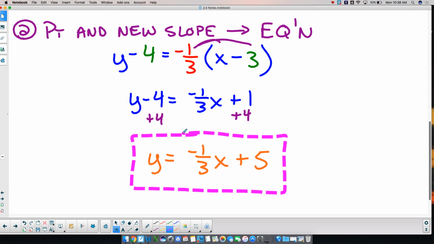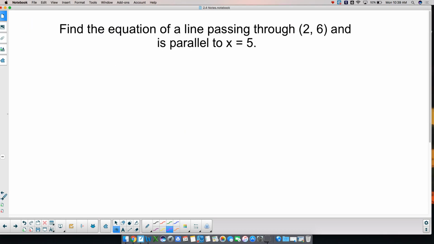I get y equals negative 1/3 x plus 5. Try that one.